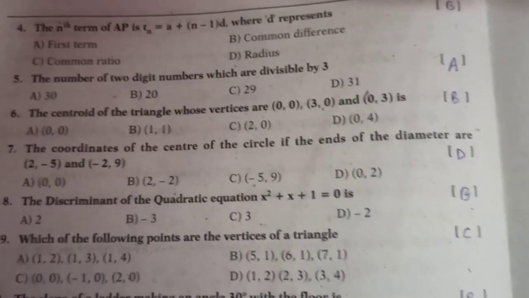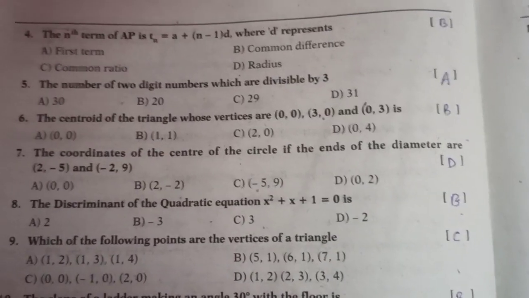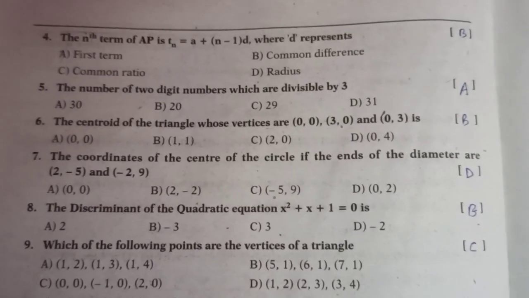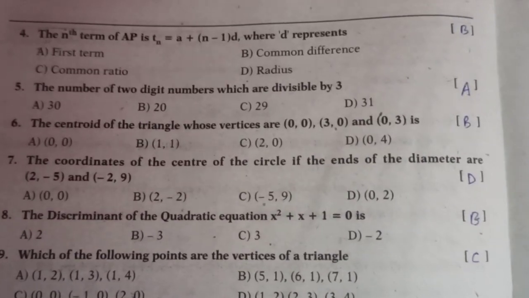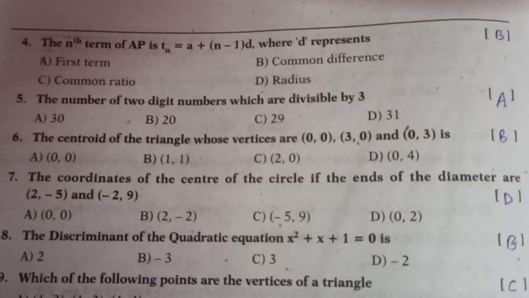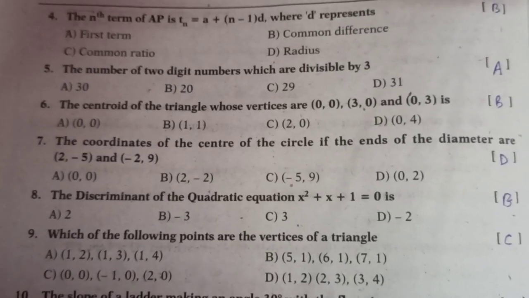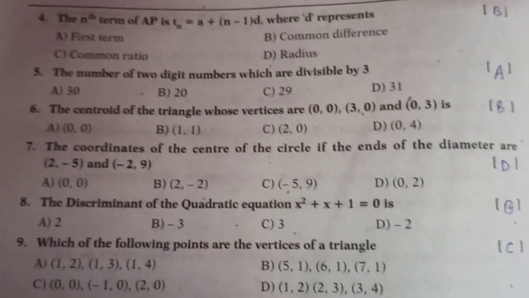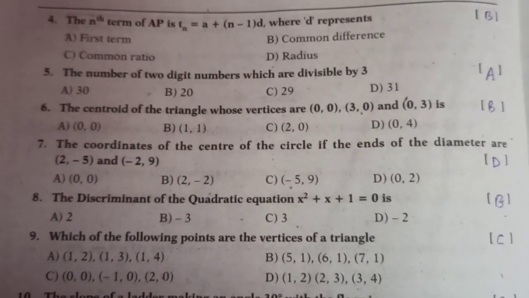Next, the fifth one: the number of 2 digit numbers which are divisible by 3. So 2 digit numbers start from 10. A single digit number goes up to 9. From 10, 2 digit numbers will start and end at 99.